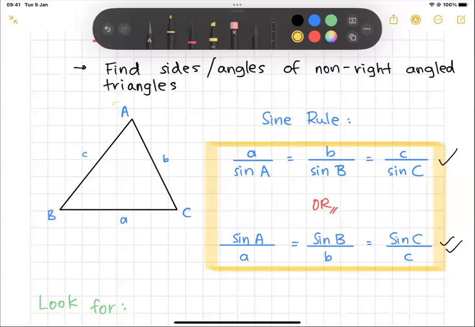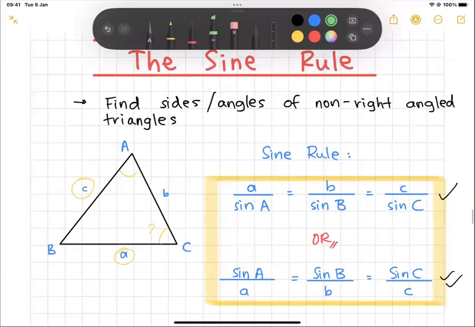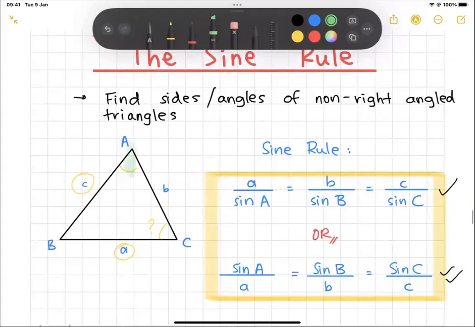Let's say I know what angle A is, and I know what the side length is. I know the side length for C, but what I'm trying to find is angle C. To know that I need the sine rule, I need to look for a cross, just like this.